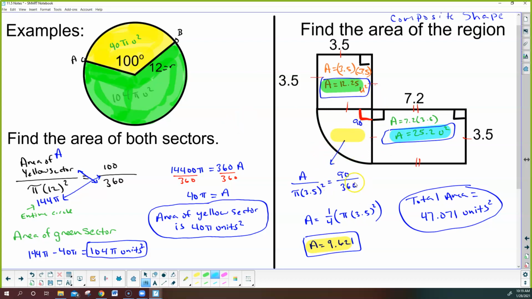So nothing super crazy. It's just, again, using the area of a sector formula to help us find the area of portions of a circle.